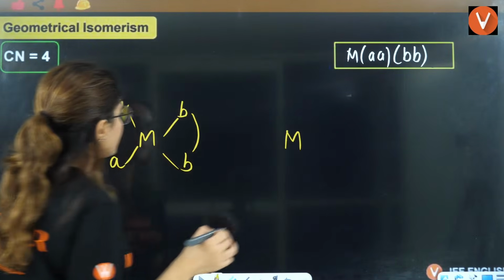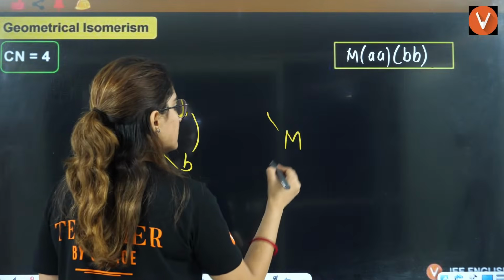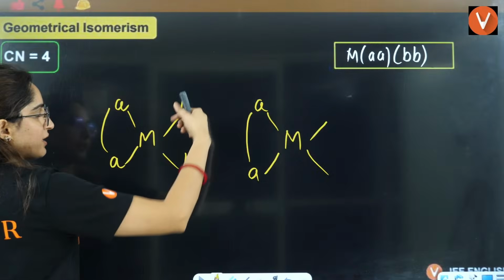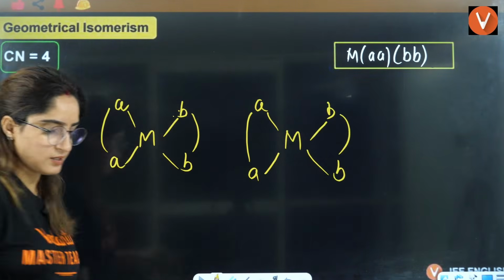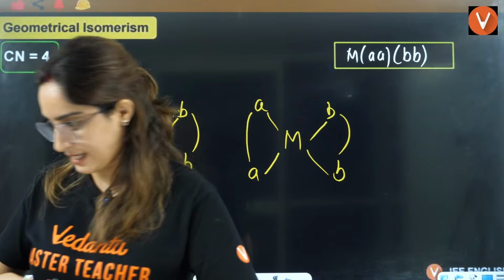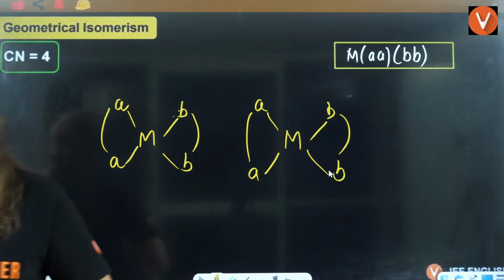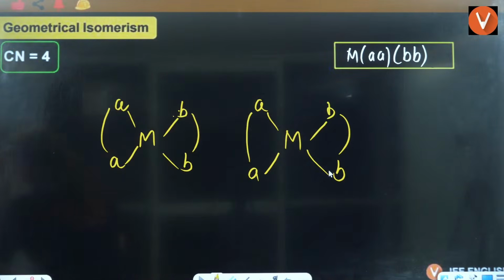Now, can I make something else also? If I make MAA here, if I change this, this will remain the same, no? BB. If you want to see this, let's see this, okay? Just give me a second and I'll make AA and BB ligands for you, right? This is AA and this is BB ligand, right?